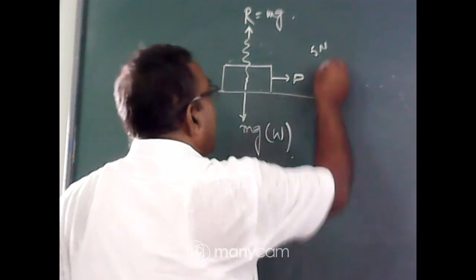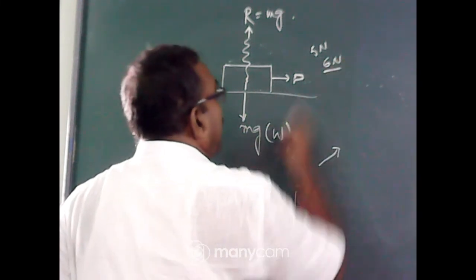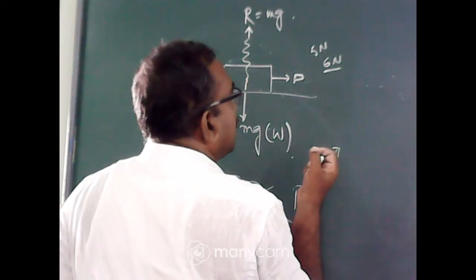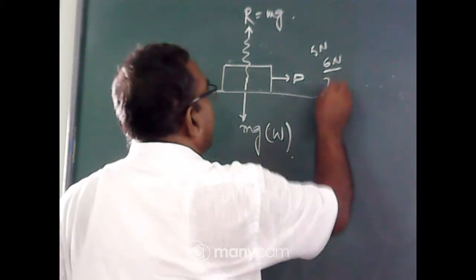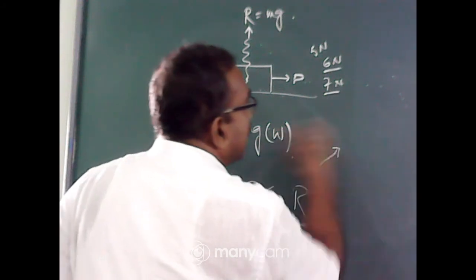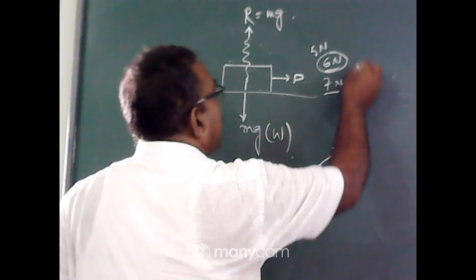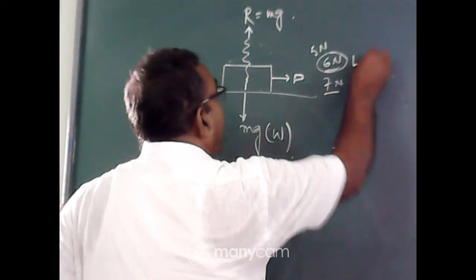After 6 Newton, the object just starts to move. With 7 Newton, the object is in motion.